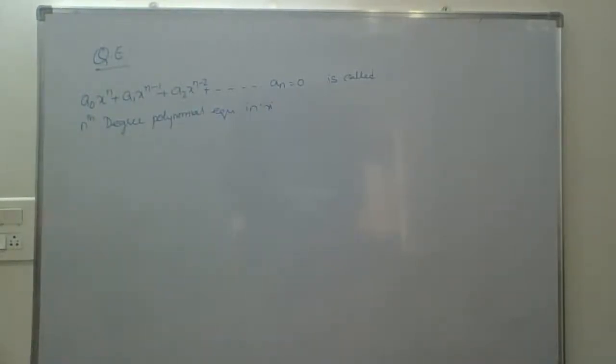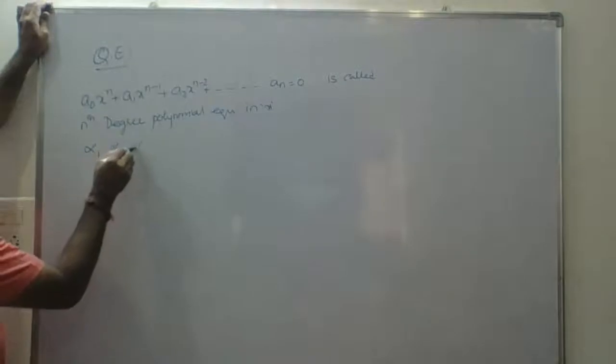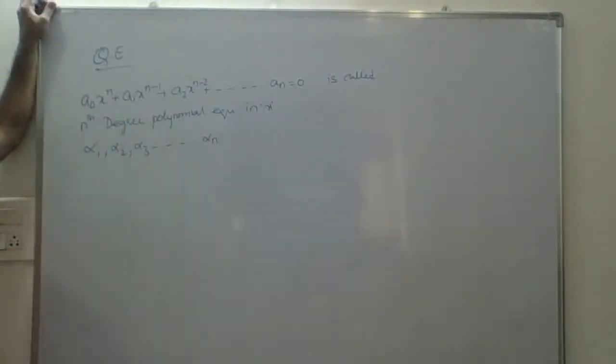And this equation has n roots. How many roots does it have? N roots. Let the roots be alpha 1, alpha 2, alpha 3, so on up to alpha n.